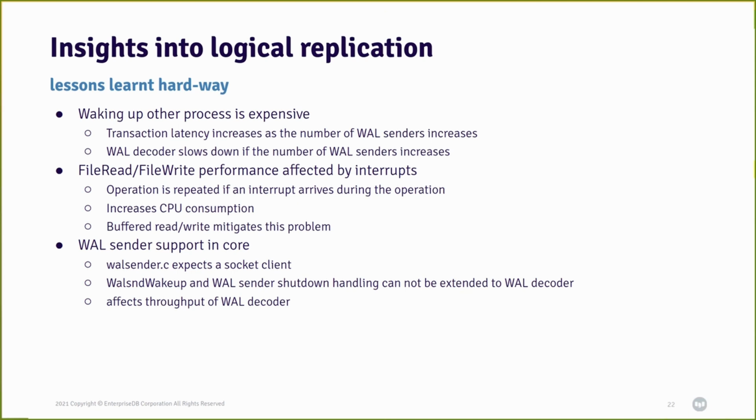If process A is waking up process B, then A incurs a significant cost when it tries to wake up B. So in case of logical replication or general replication, when WAL is flushed, the process which flushes the WAL also wakes up the WAL senders.